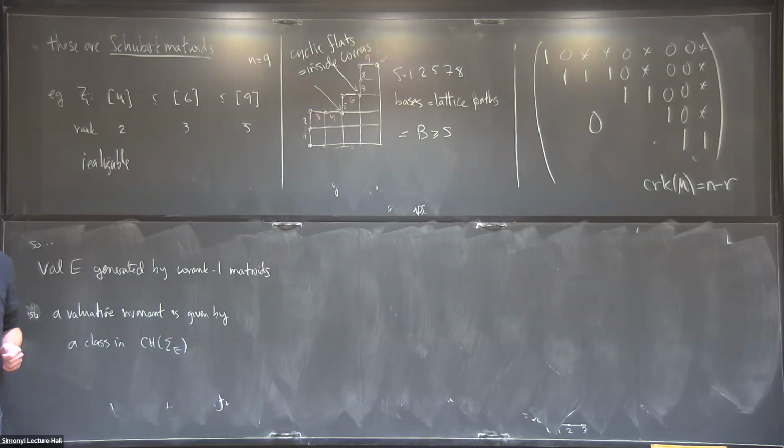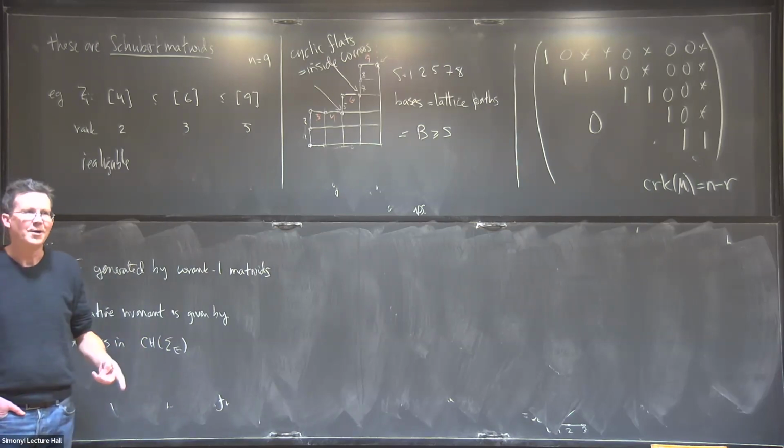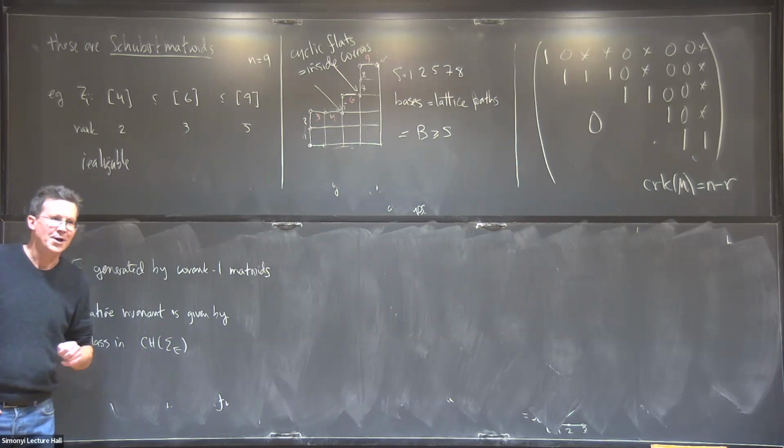That's to say, pairing with that class computes the invariant. So if someone says polynomial, I say here is a linear combination of nested matroids that is the Tutte polynomial. So the dimension of the space of valuative invariants is given by binomial Eulerian numbers.